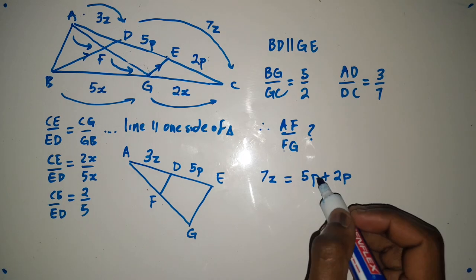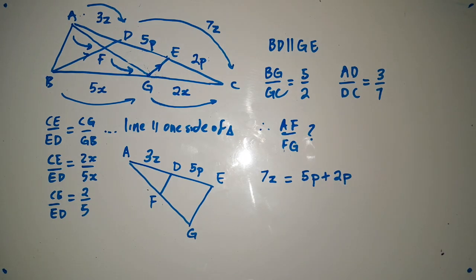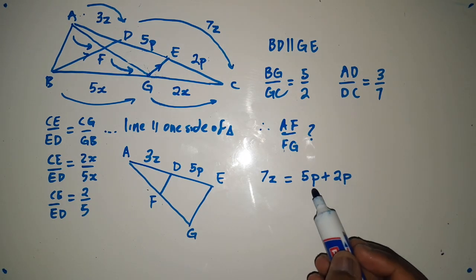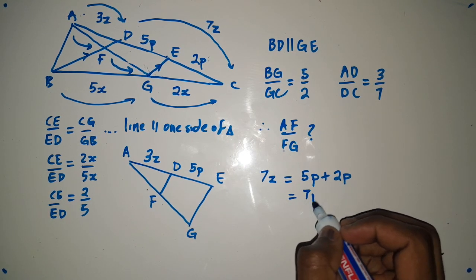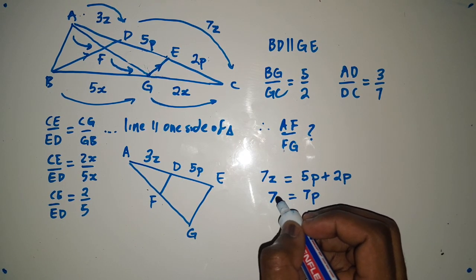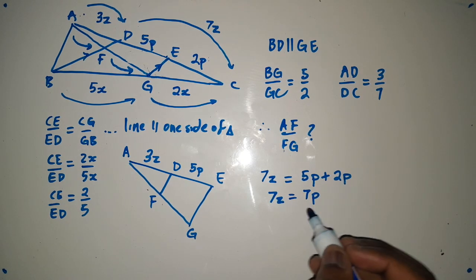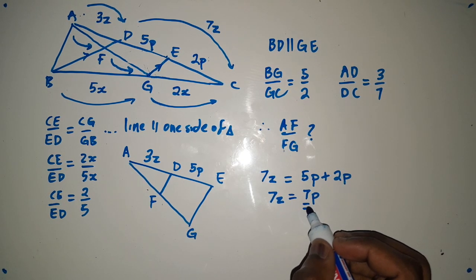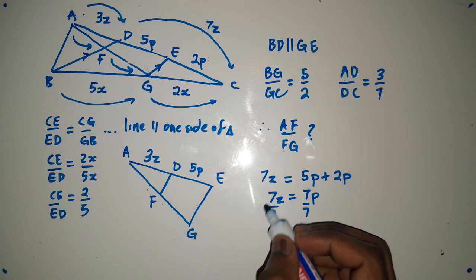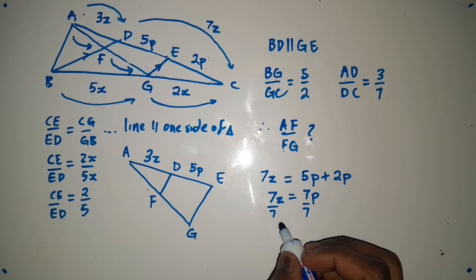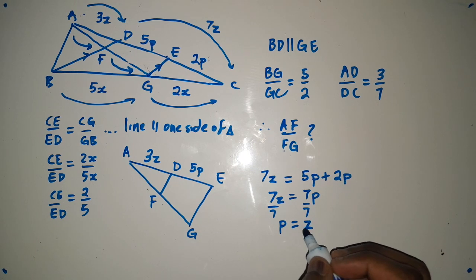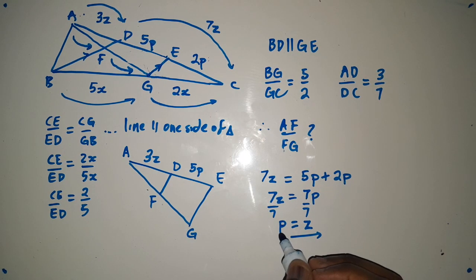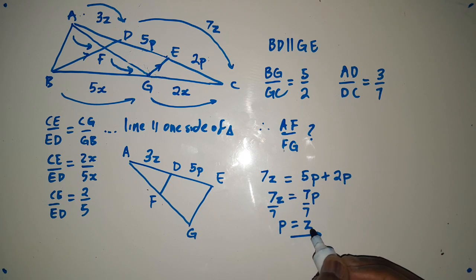Immediately after doing this, let us add the 2. It's going to be 7p. This side is going to be 7z. Let us solve for p. We divide everything by 7. Then 7 cancels 7. That means p is equal to z.